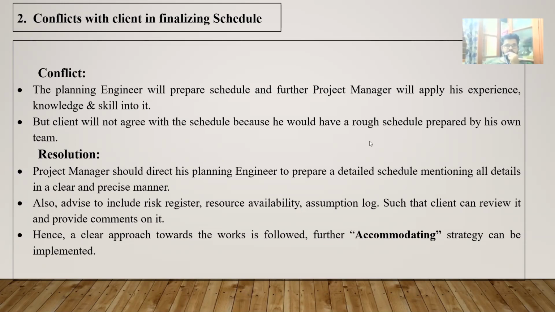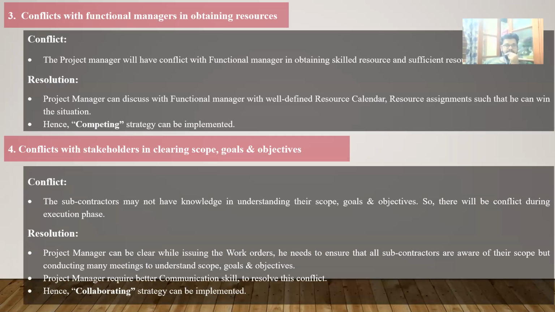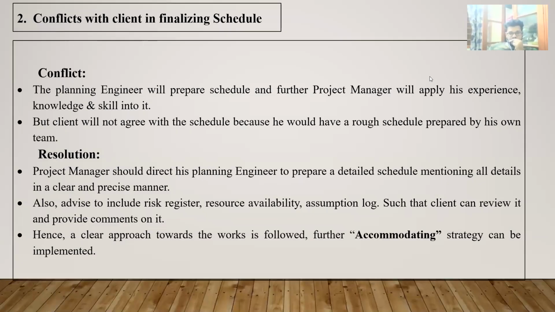That type of approach should be made by the project manager. So he'll be directing the planning engineer to prepare a schedule which is the most likely one as well as the optimum one. So it's up to him or the client to decide which type of schedule can be followed. So this is a resolution a project manager can make.